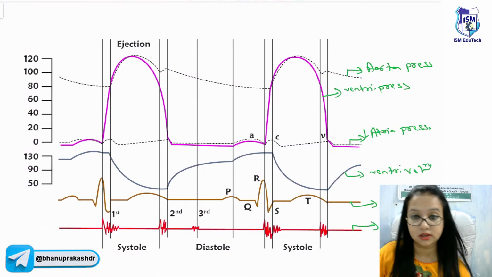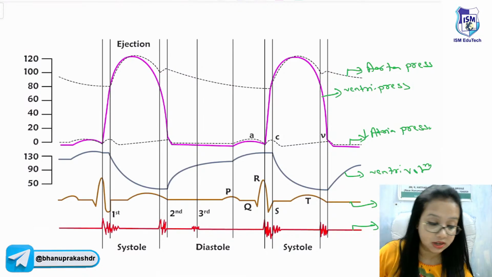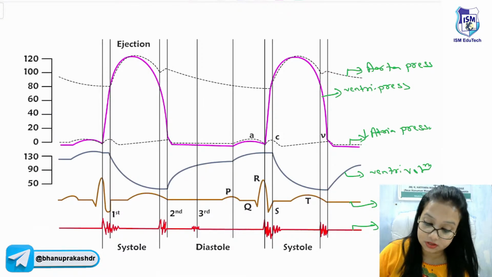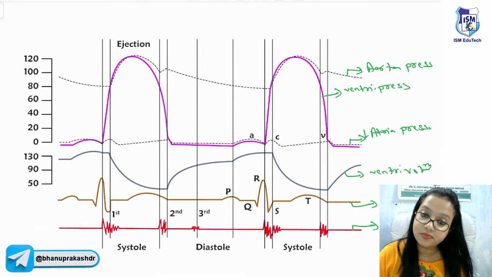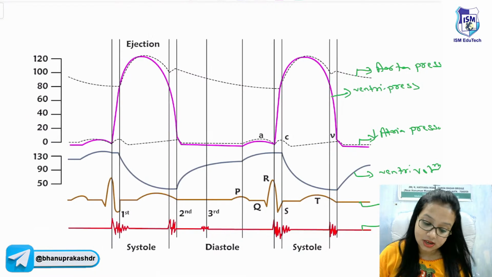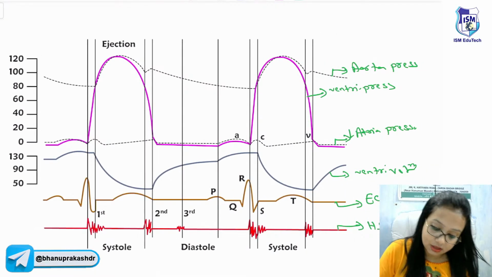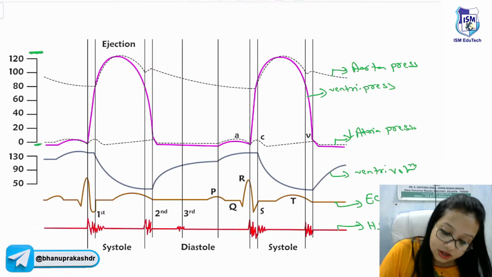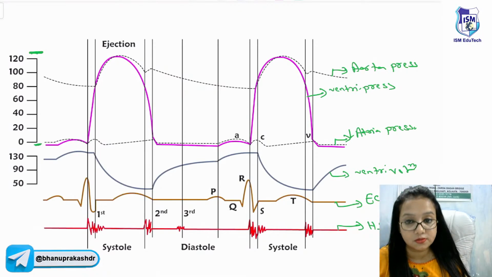Now, you may wonder why here we are only talking about the left side, not the right side. See, the events or the type of this Wiggers diagram is the same for the right side also. But why are we talking about the left side? Because in the left ventricle, the pressure during the filling stage until the ejection stage increases from 0 mmHg all the way to 120 mmHg, a huge pressure difference.